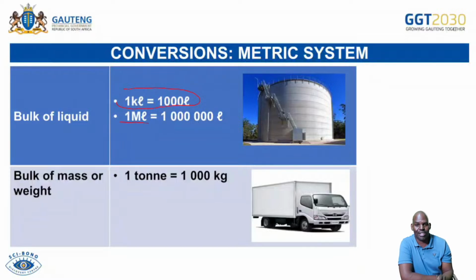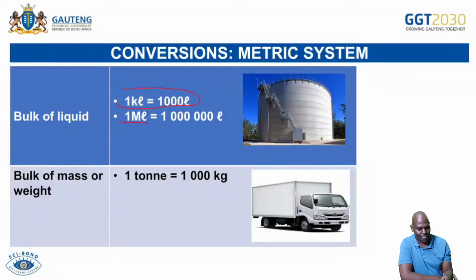So megaliters will be the unit used by the water service provider to check the amount of water being used by the municipality. Now, 1 megaliter is the same as 1 million liters. So if the municipality uses 20 megaliters, it means it is actually 20 million liters.